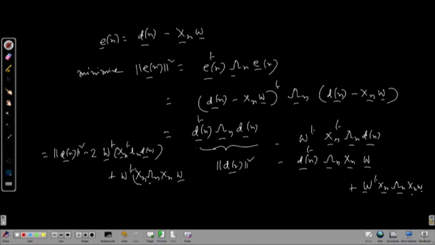Remember, this matrix is also Hermitian because this is a diagonal matrix, x n transpose, right. It means the transpose here, x n W transpose, so W transpose x n transpose.